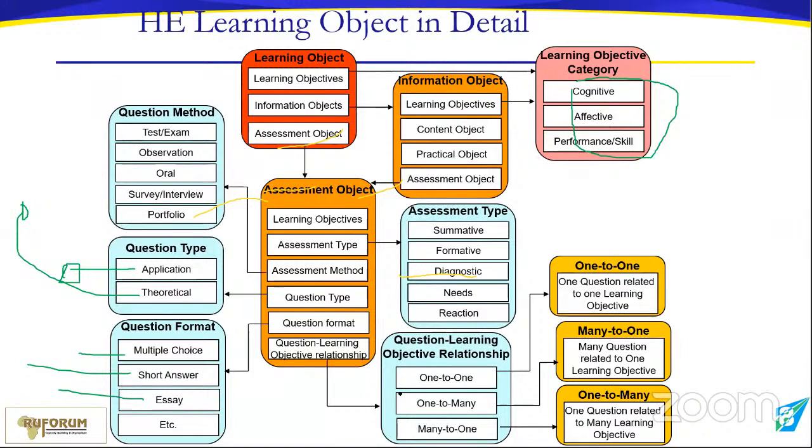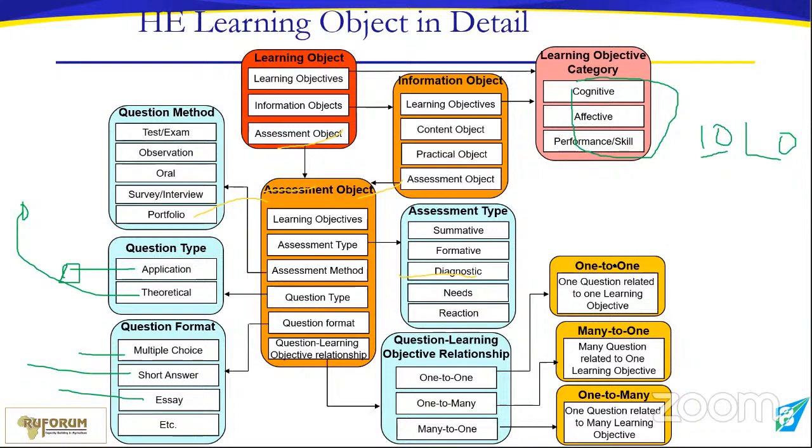So in terms of question-learning relationship, you can actually have a one-to-one. What does a one-to-one mean? You can say one question relates to one learning objective. So if I have a course with 10 modules, which are basically 10 learning objects, when I'm setting my assessment I have to assess students on every learning objective.